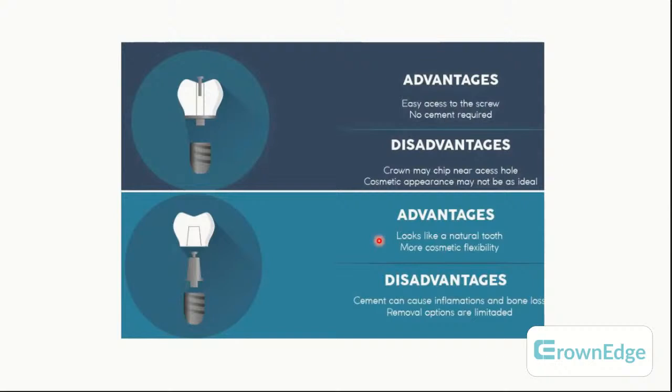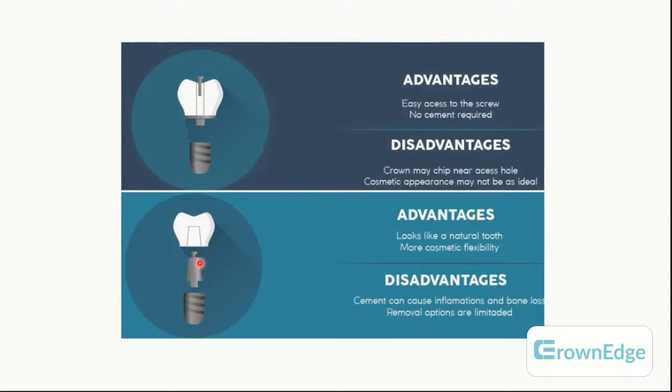But the disadvantage is that cement can cause inflammation and bone loss, so it is not good for your implant health. And removing this becomes difficult because I don't have an access hole to open it. Retrievability becomes a factor. So nowadays there's something called a combination technique in which we do a screw plus a cement. How do we do that?